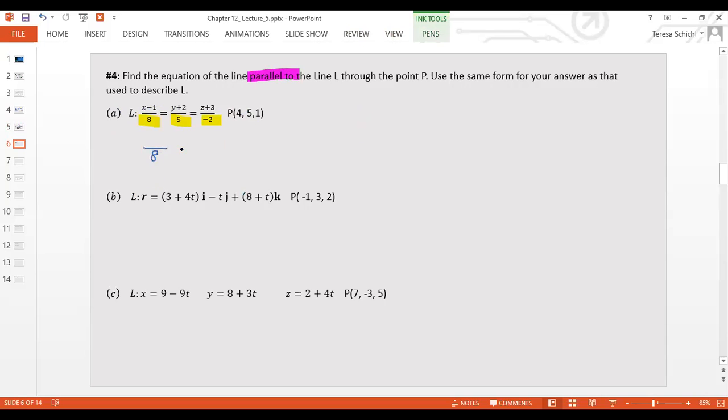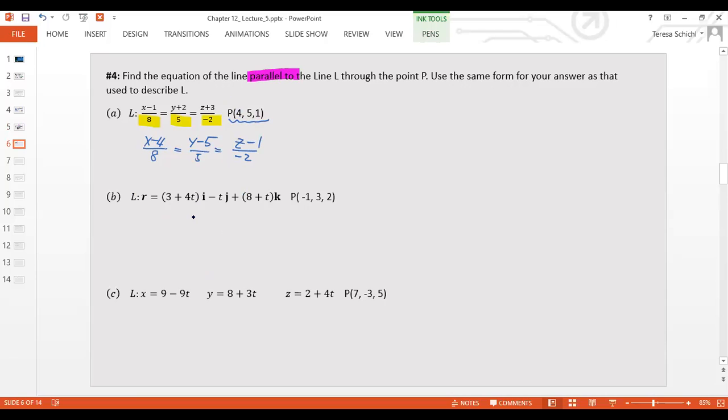So what is my answer here? So a equals 5, b equals -2, because they are parallel. Now it's passing through this specific point. So I just say x minus 4, y minus 5, and z minus 1. See here. All right. Okay. So now let's take a look at the next one.